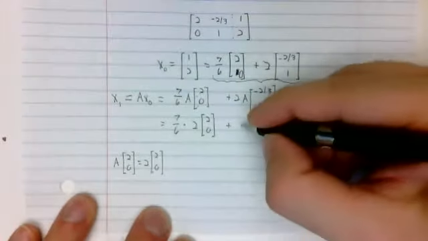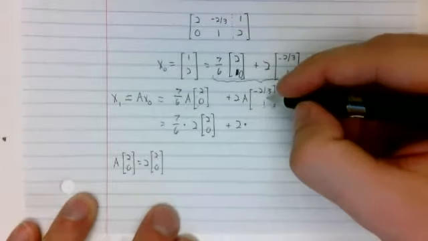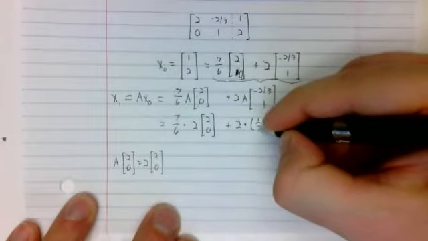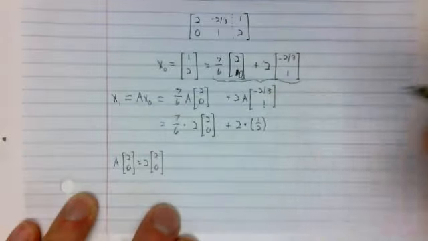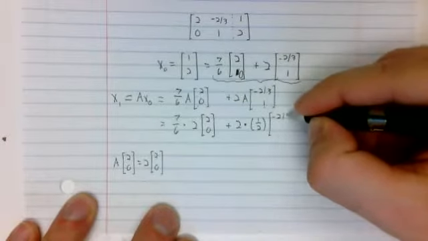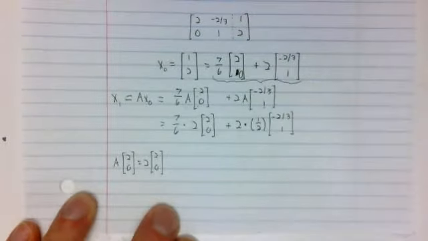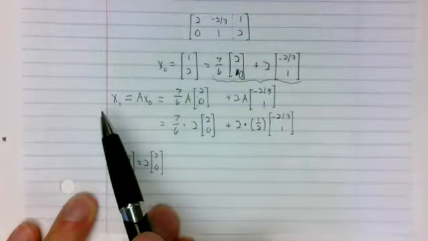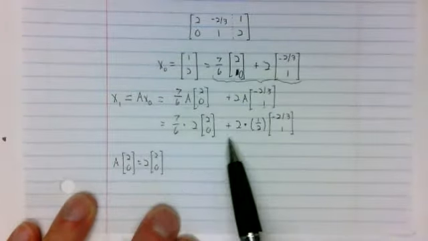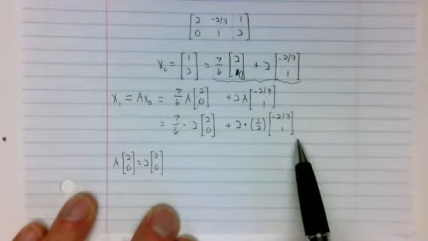And similarly over here, we've got our matrix times an eigenvector. That's the eigenvalue times the eigenvector. So just as I promised, here's x sub 1 without doing any matrix vector multiplication.